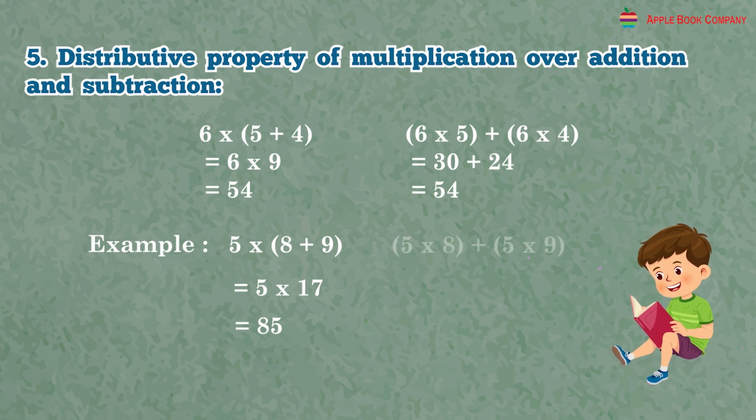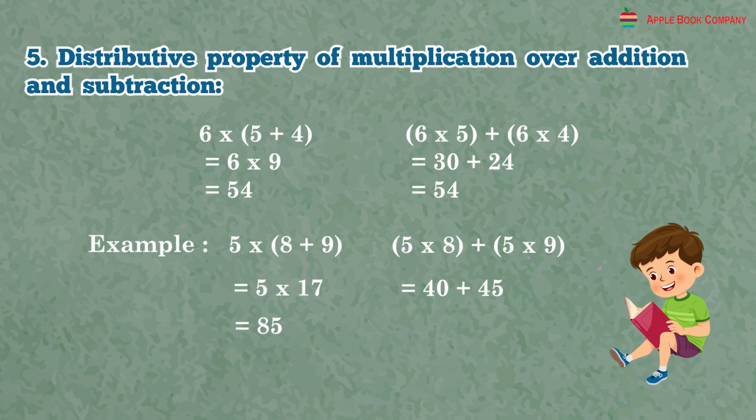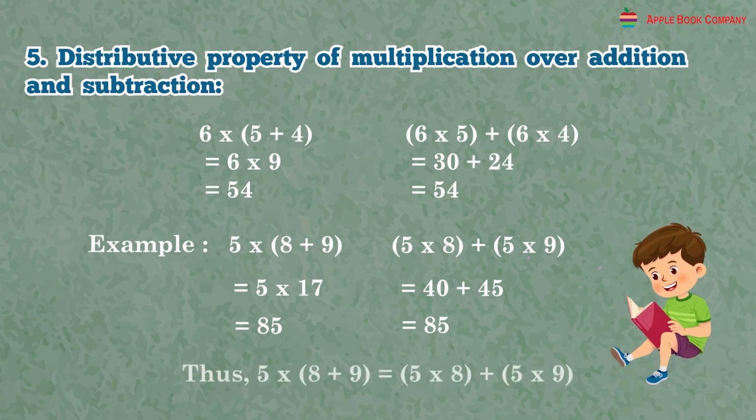Similarly, 5 multiplied by 8 and 5 multiplied by 9 is equal to 40 plus 45, which is equal to 85. Thus, 5 multiplied by the sum of 8 plus 9 is equal to the sum of 5 multiplied by 8 and 5 multiplied by 9.